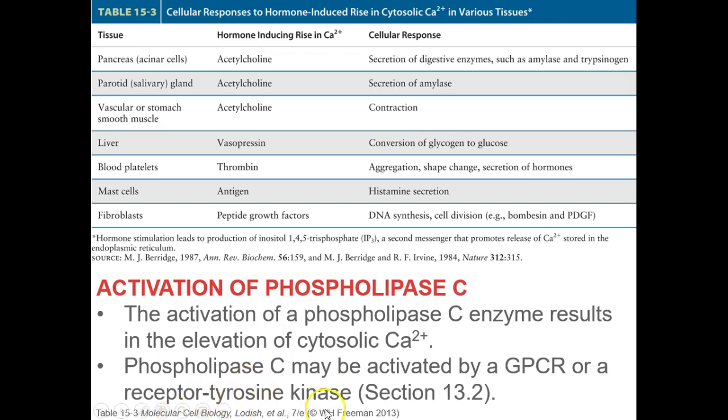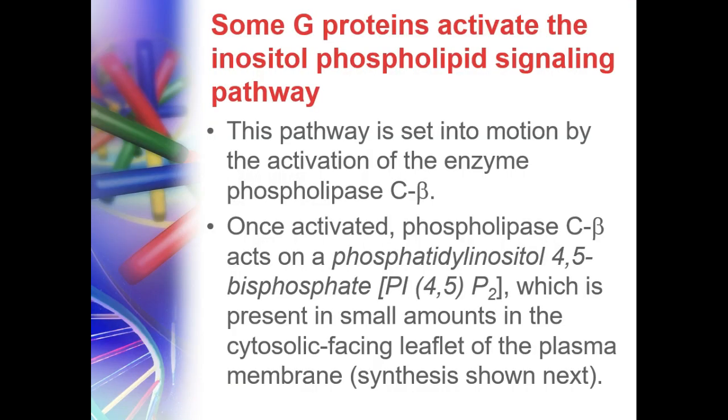Receptor tyrosine kinases can also activate phospholipase C. So again, what happens when calcium goes up? Well, it depends on the hormone and the tissue, because there are all kinds of cellular responses that occur when the calcium concentration goes up. So let's talk about one of those.